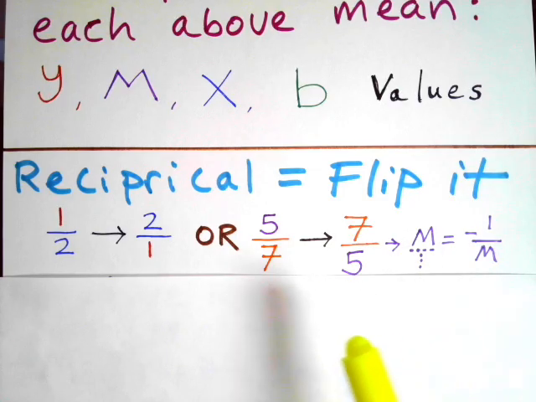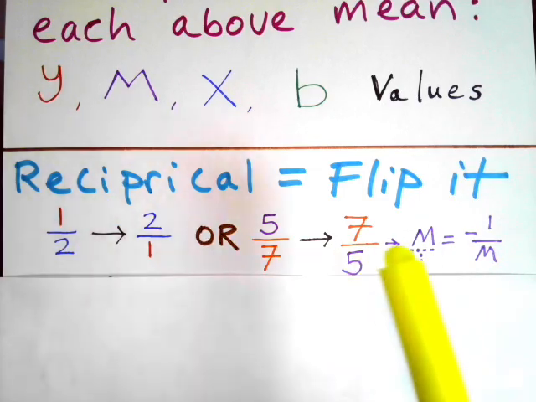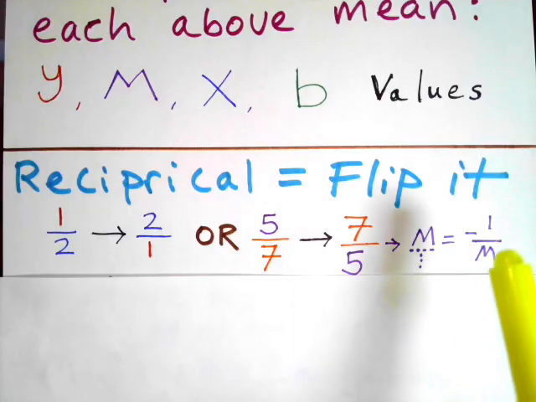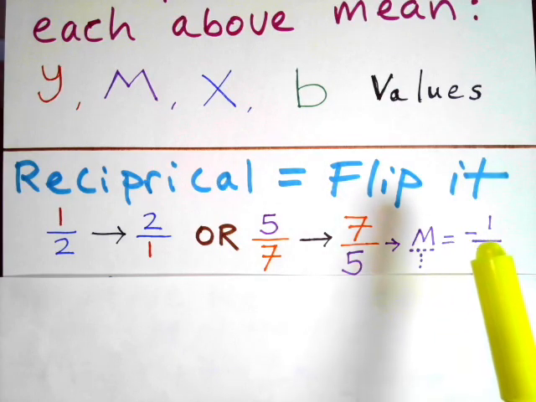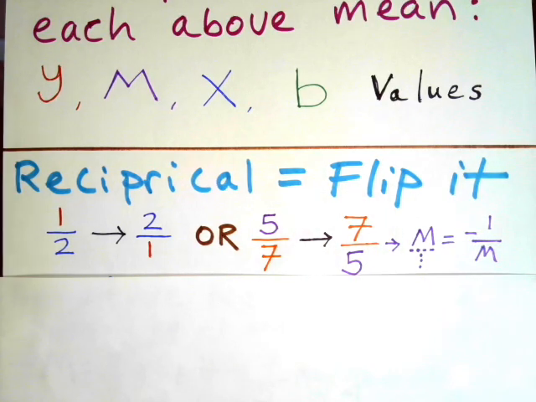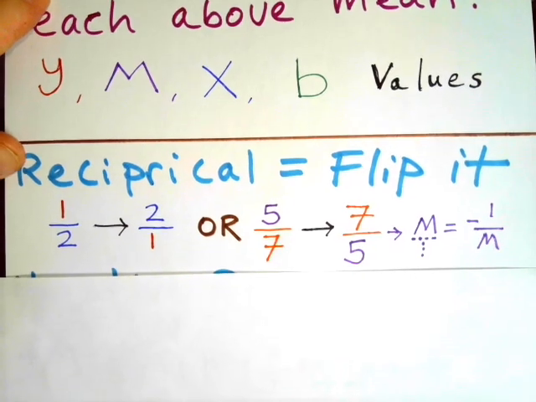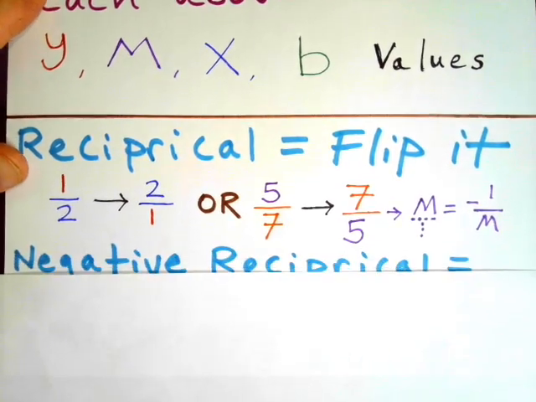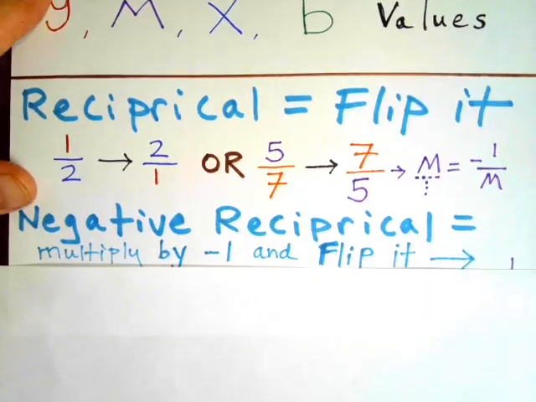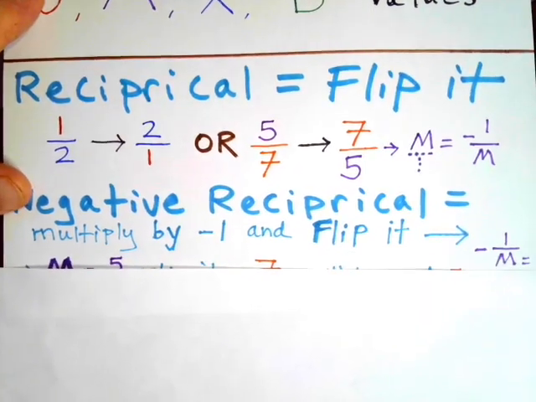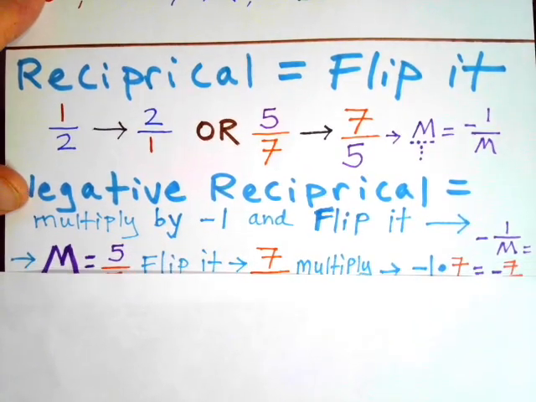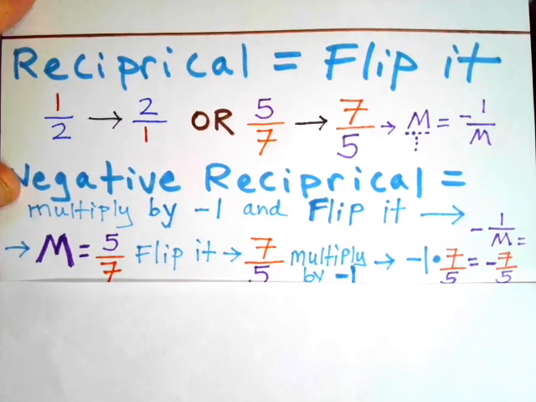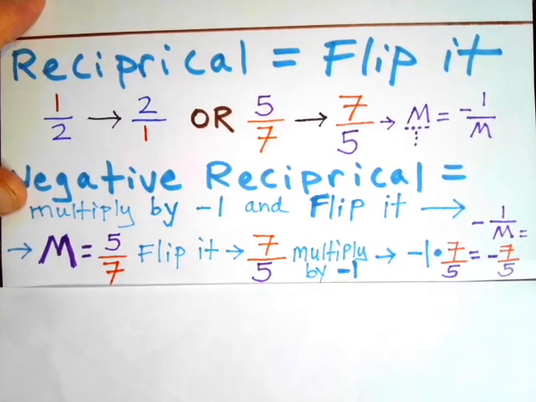And in order to find the negative reciprocal, after you flipped it, you multiply by a negative 1. That's a negative reciprocal example of a slope. Multiply by that negative 1 and then flip it, or flip it and multiply by a negative 1. And so I want to show you an example here.